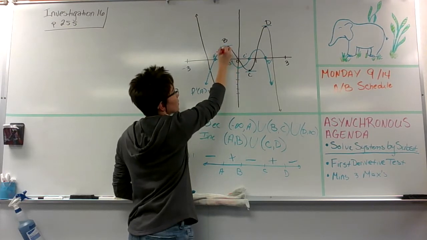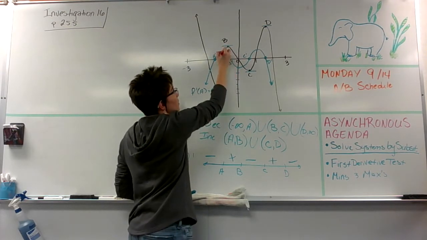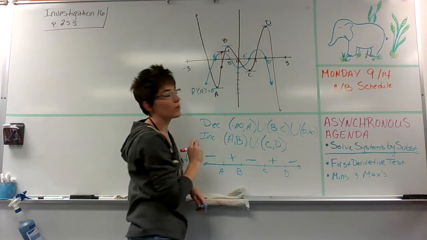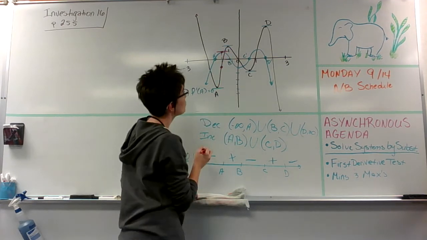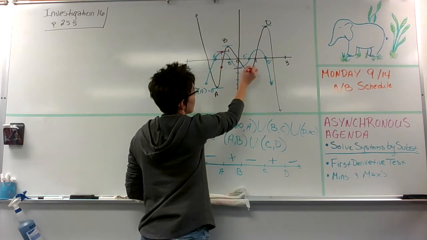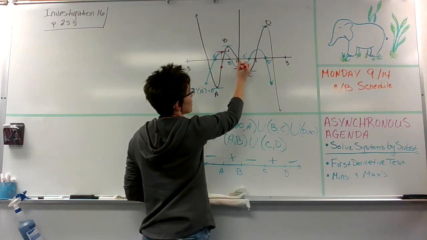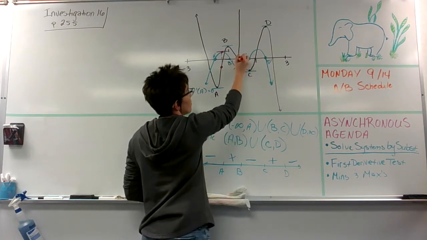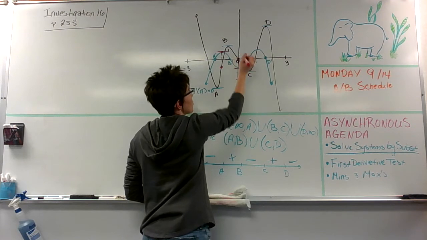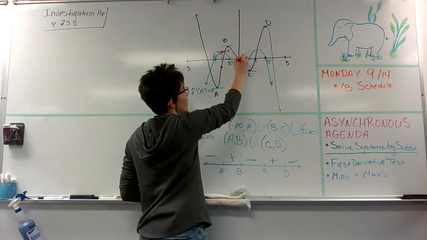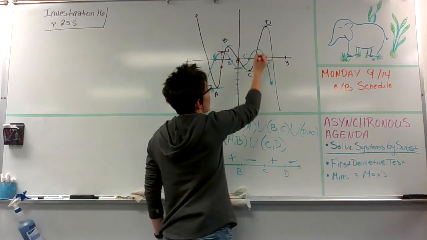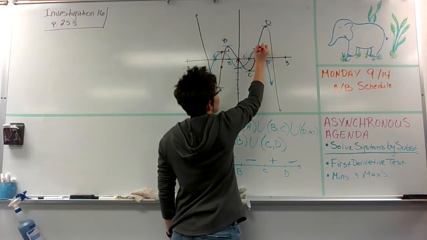Whenever the slope of your slopes is 0, that corresponds to an inflection point. That happens here. So the slope of f prime is 0. So that corresponds to an inflection point there. Here, 0 again.